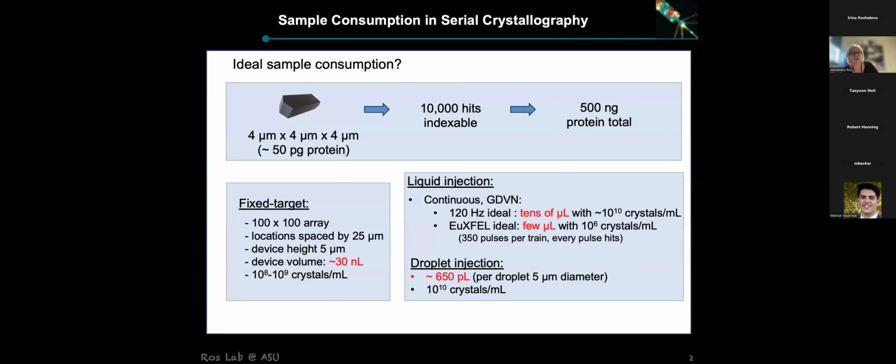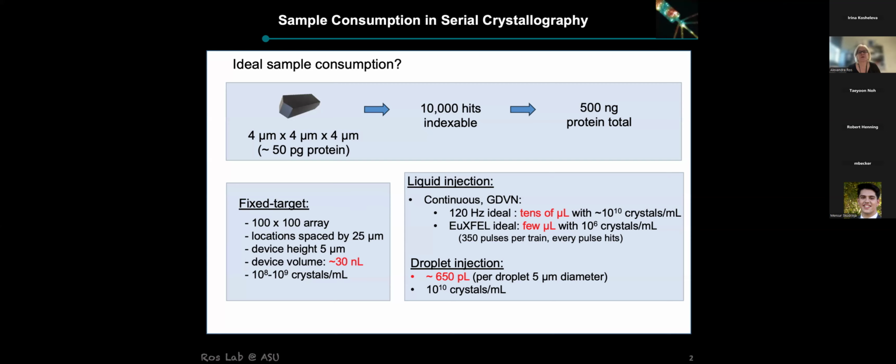And if we look at liquid injections, then one of the still very commonly used injection methods is a continuous injection with the so-called gas dynamic virtual nozzle. And then we can do calculations dependent on the X-FEL source we use. So, for example, 120 hertz, which would relate to LCLS, we would need tens of microliters at a crystal density of 10 to the 10 crystals per milliliter, just assuming that each crystal will be hit by the X-FEL, and that we need a certain amount of liquid to inject these crystals in a jet.